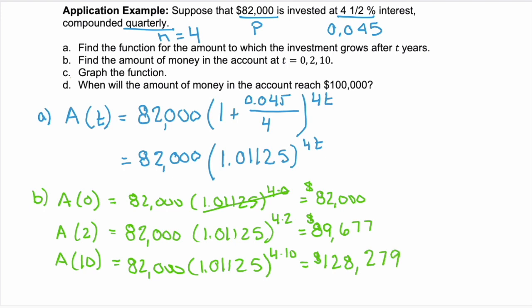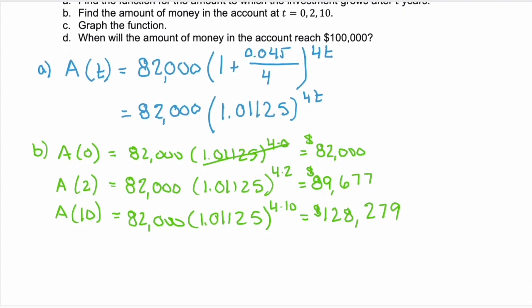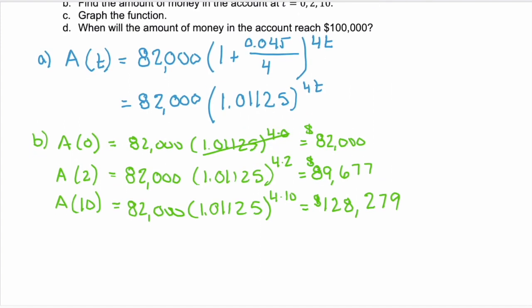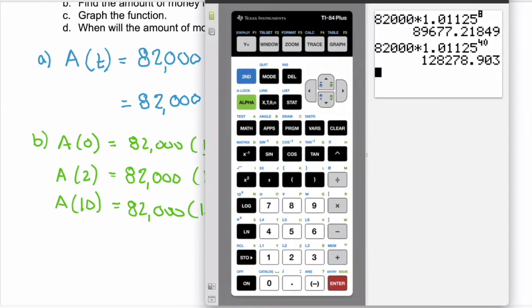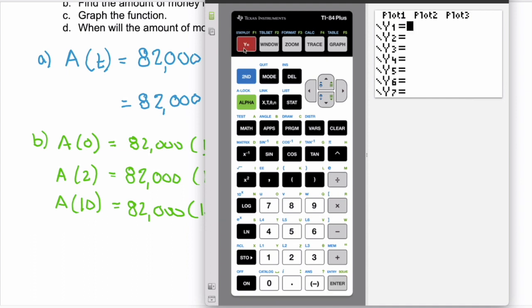Okay, part C asks us to graph the function. Well, we're going to graph this function using our graphing calculator. So you pull up your graphing calculator and you need to go to the y equals. And then you're going to enter your function, which is 82,000 times, so we can do parentheses, 1.01125.